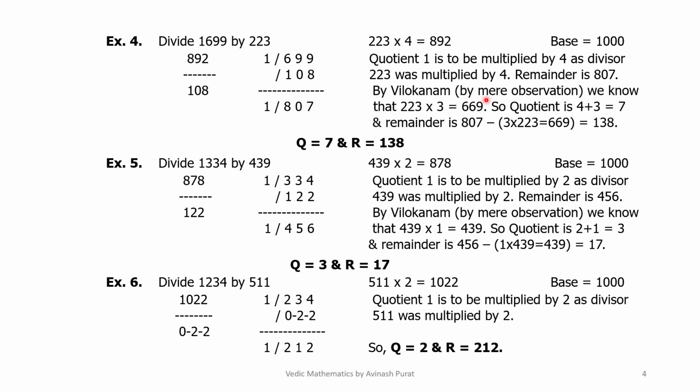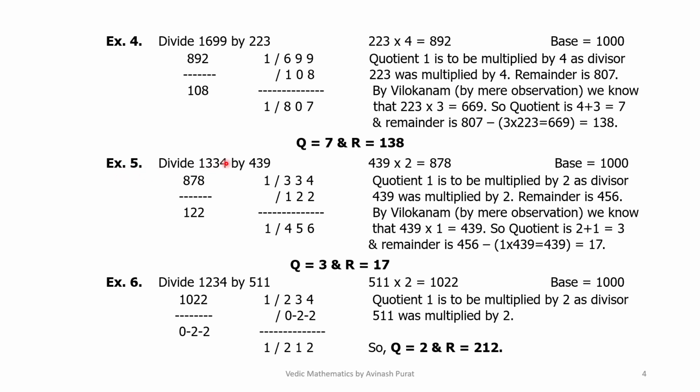By Vilokanam, by mere observation, we know that 223 multiplied by 3 is 669. So quotient is 4 plus 3 equal to 7 and remainder is 807 minus 3 into 223, that is 669, equal to 138. So quotient is 7 and remainder is 138.